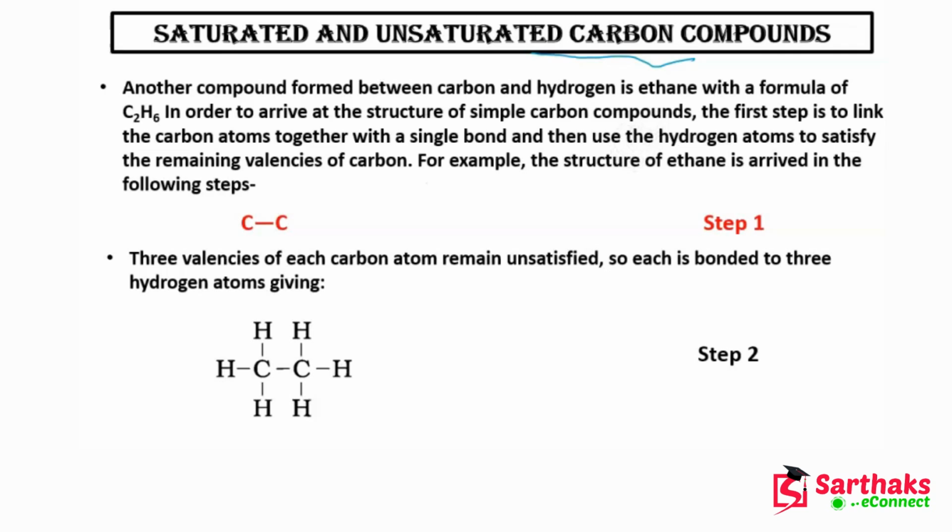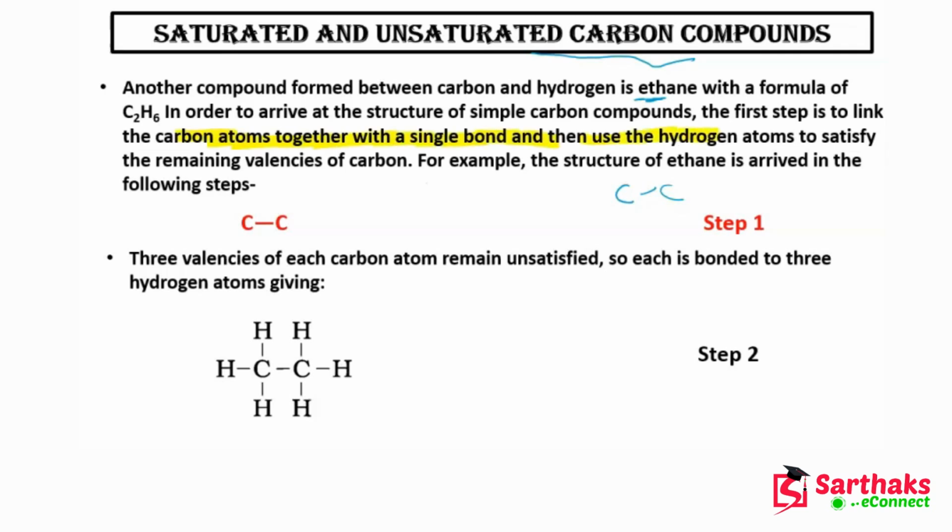Because the prefix is eth, it means there should be two carbon atoms. Now, if I want to draw its structure, what will I do? The first step is to link the carbon atoms together with a single bond.